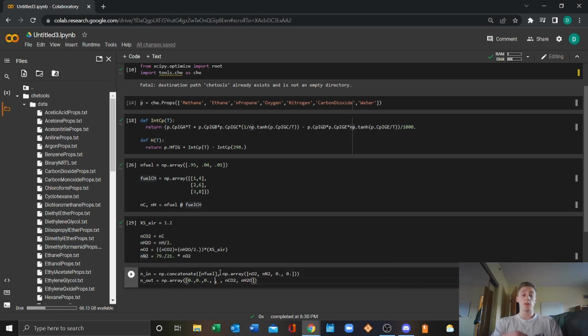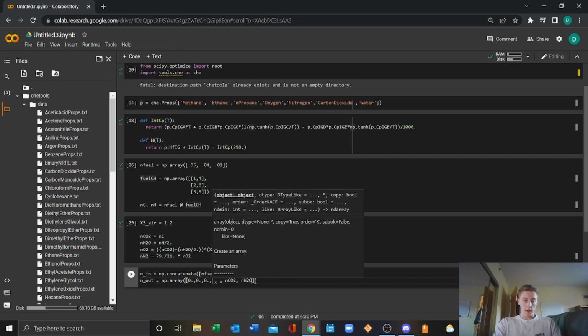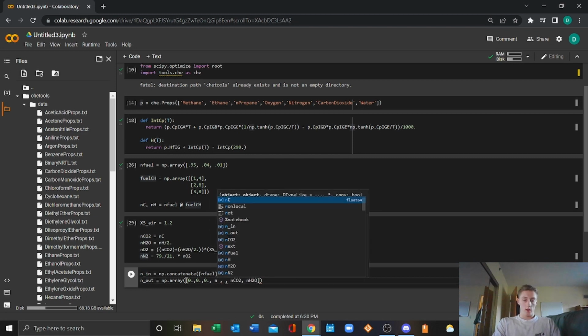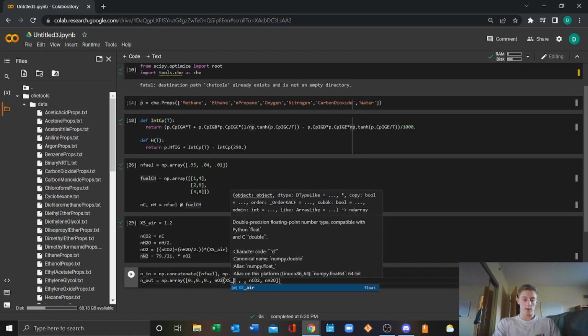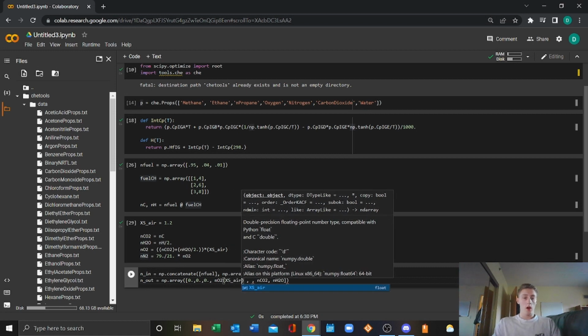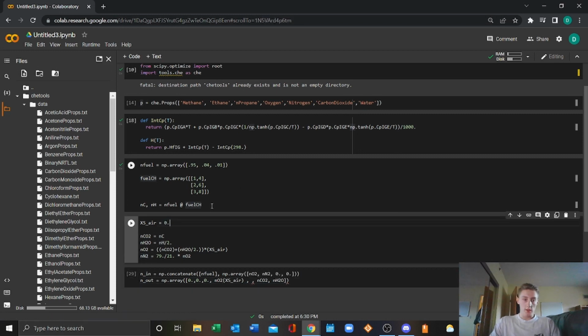But now since we have excess air, we're going to have air coming out with our products. And we can specify this as NO2 times excess air. Oh, you know what? Since I made this, let's make this 0.2, and then we'll add 1 onto that.